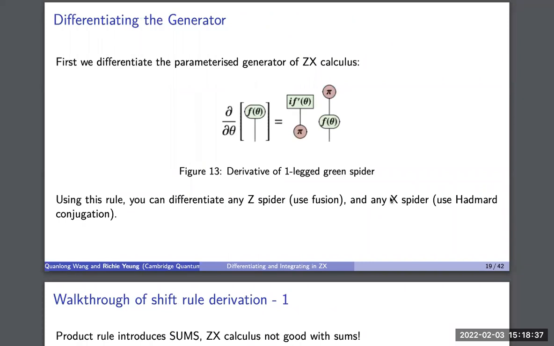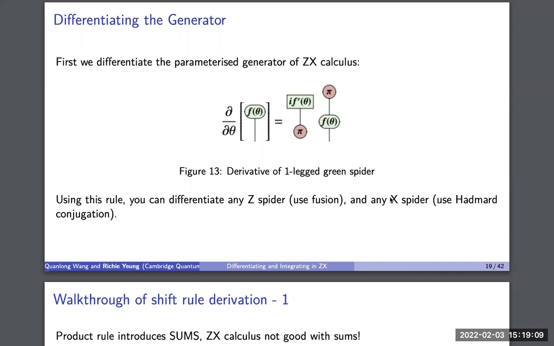Now, let's talk about differentiation. To differentiate ZX diagrams, you want to be able to differentiate the generators, because differentiation is a compositional thing. If you know the derivatives of the generating functions, like when at school you learn the derivative of sine and cosine and the powers and polynomials, then you can start building them together and differentiate terms built using these generators.